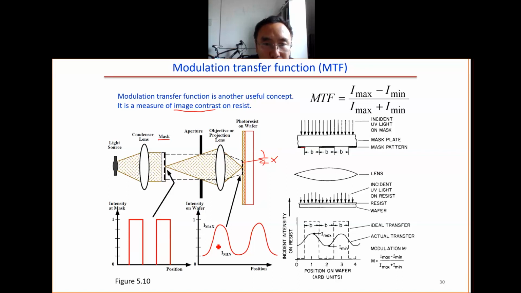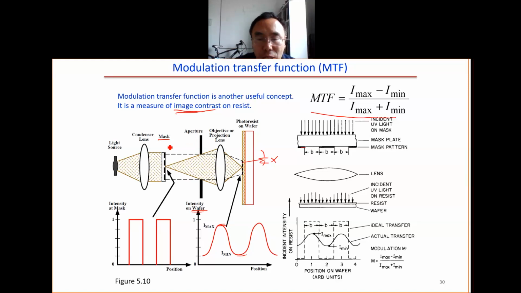But because of the diffraction, the light intensity on the wafer becomes something like this. Same thing here: this is the mask, this is the lens, and the light intensity is something like this. The MTF, called the modulation transfer function, is defined as Imax minus Imin divided by Imax plus Imin. This gives you a more accurate description of the image contrast, because the Rayleigh criterion we saw previously is too rough.